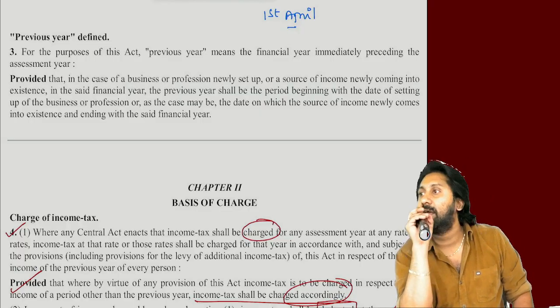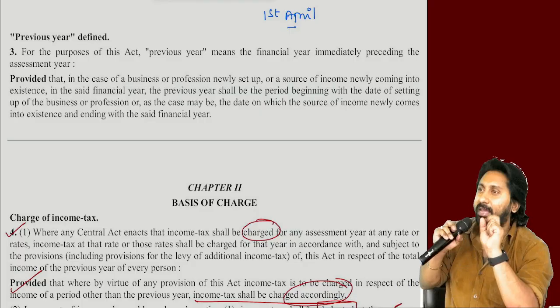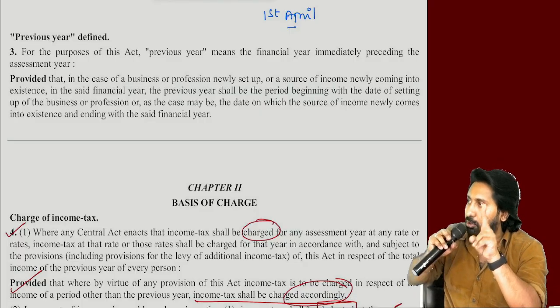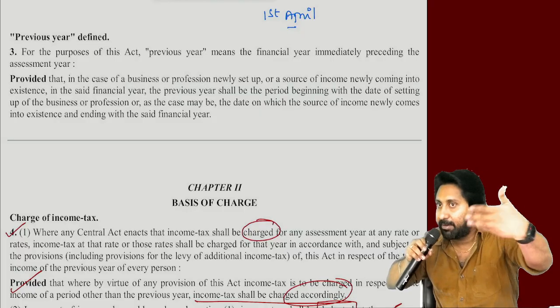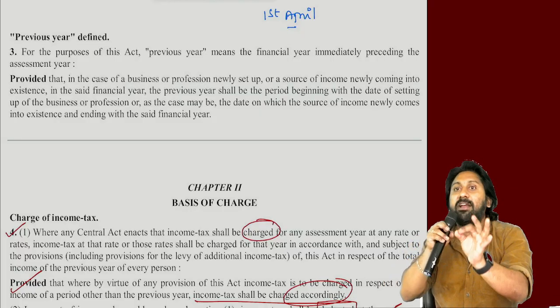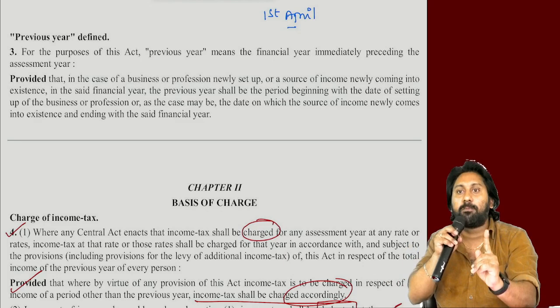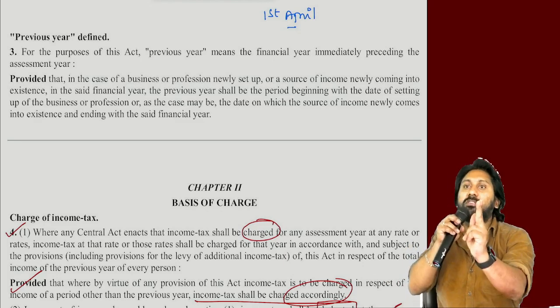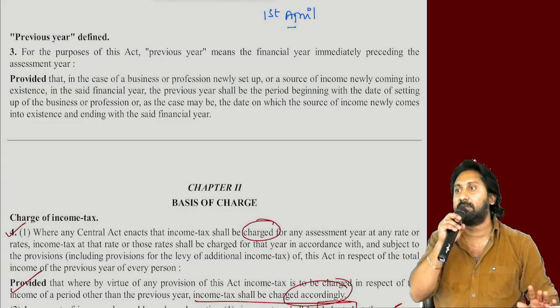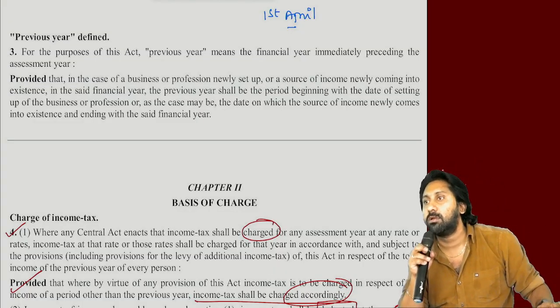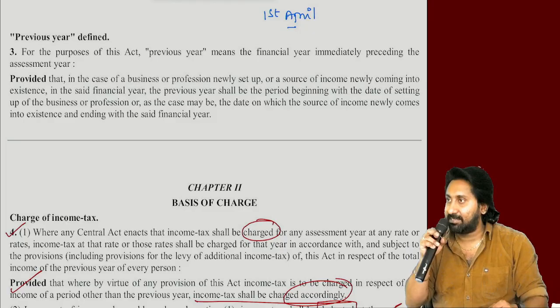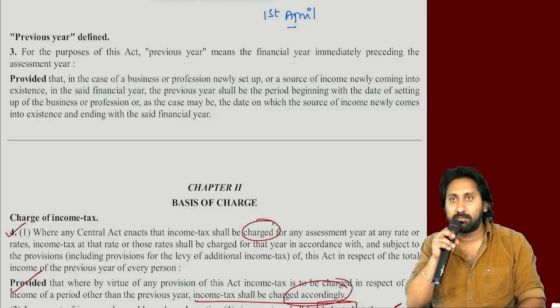So tell me, can one assessee have 2 previous years in the same year, or multiple previous years? Yes, provided there is a new business or profession started or a new source of income came into existence. Understood? Why, sir, like this?